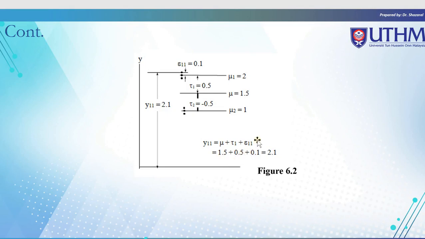And then another one that contributes to the observation is error. Okay, so error 1 just now is 0.1. So 1.5 plus 0.5 plus 0.1, we get the value of the first observation. So this is how we visualize, for each observation, what are the items that contribute to the observation.